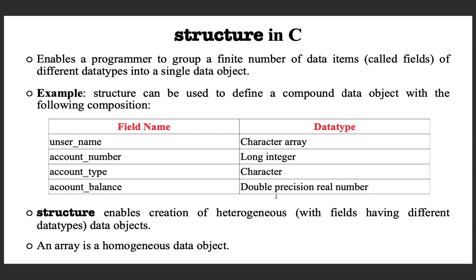For example, you cannot have an array of size 4 to represent a bank account or the details of an account holder, if these are the details. We will discuss more concrete examples. This is just an abstract introduction to what structures are and why we need them.